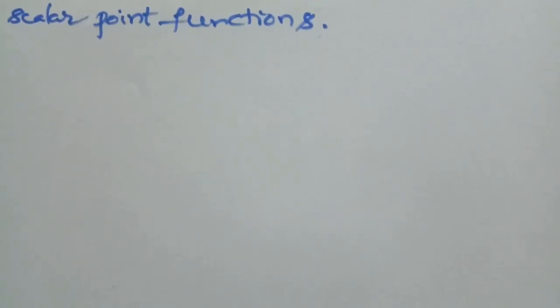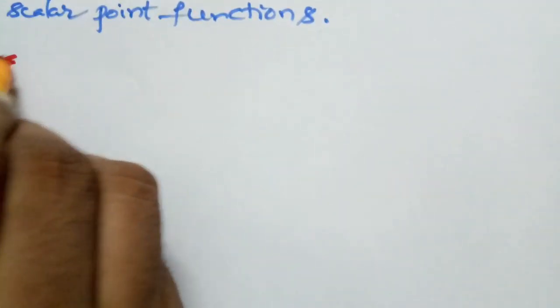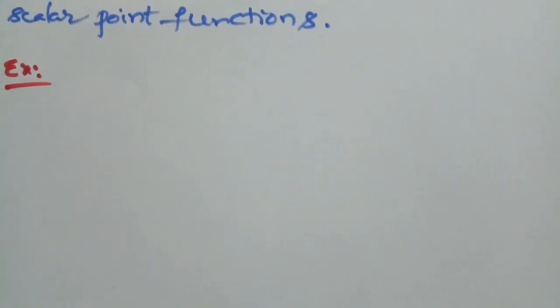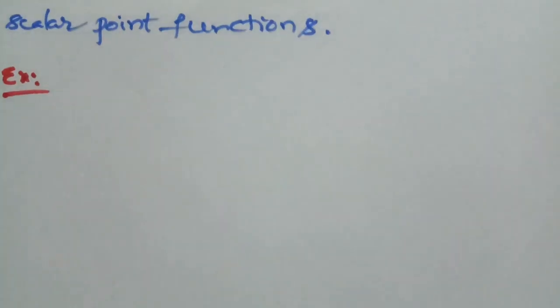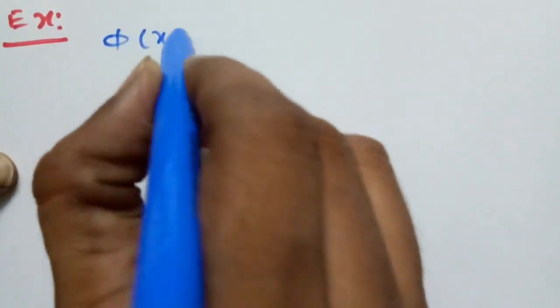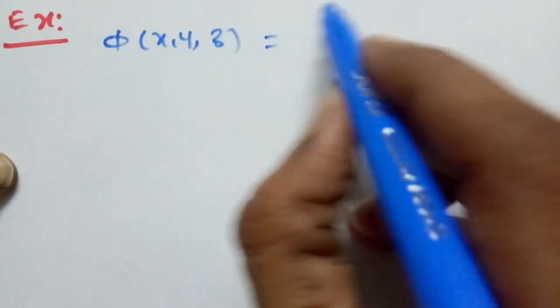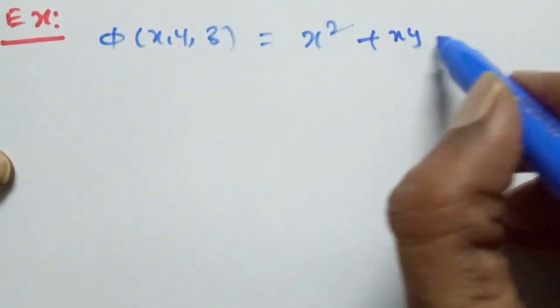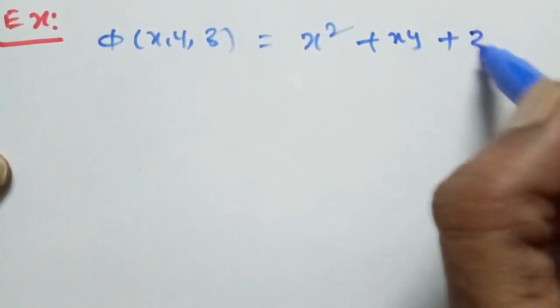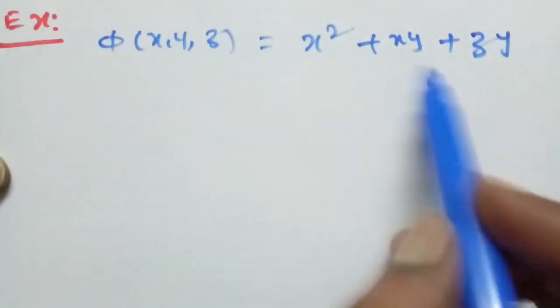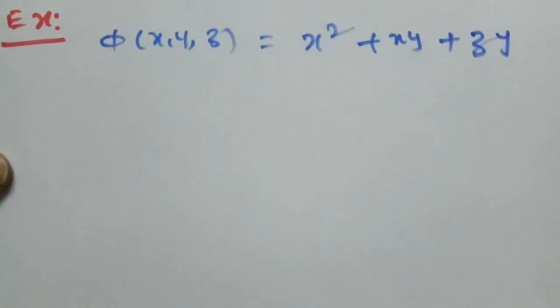So for example, for scalar point functions, we can use any letters either f or phi or psi. Phi of x comma y comma z is equal to x square plus xy plus zy. This is a scalar point function.